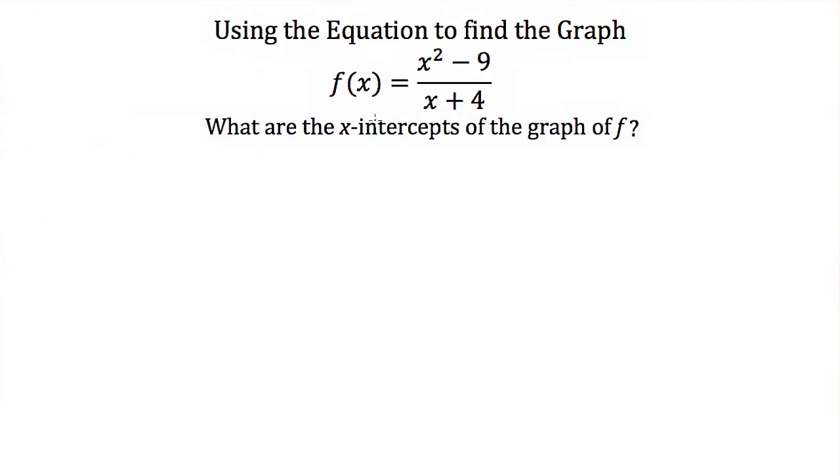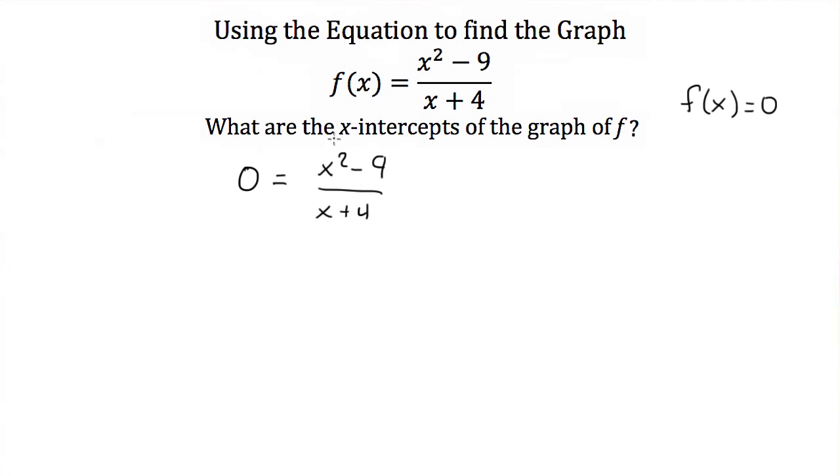What if we wanted to know the x-intercepts of this function? Well, we have to know that the x-intercepts occur when y is equal to 0, or when our function is equal to 0. So all we do is replace f of x with 0. We say 0 is equal to x squared minus 9 over x minus 4.